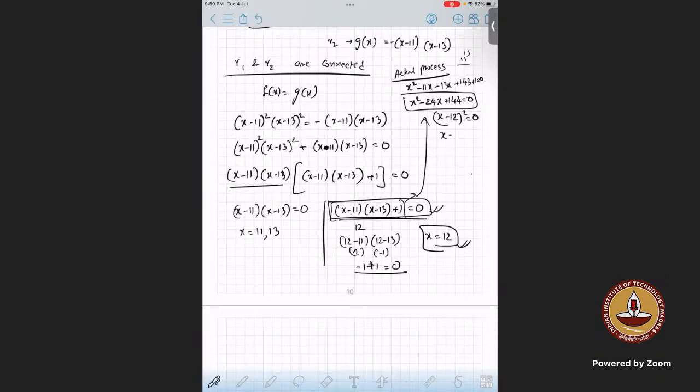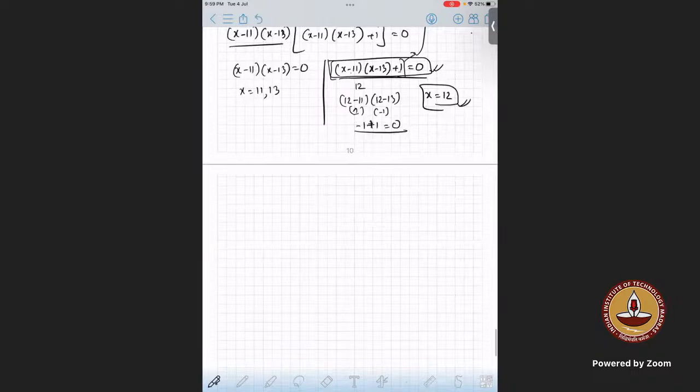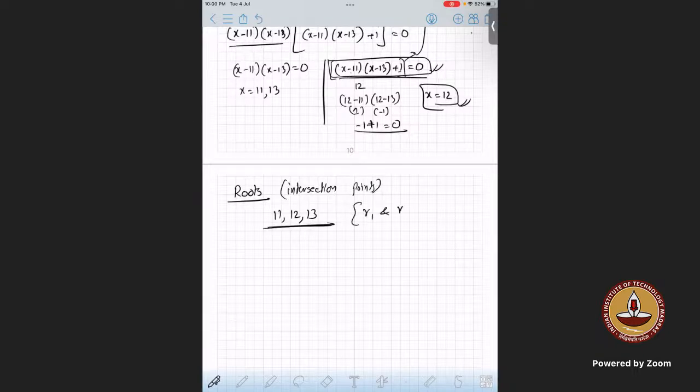X equal to 12, 12. Are you able to get this? So what are the roots or intersection points? 11, 12, 13. These are the intersection points between R1 and R2, the two roots.